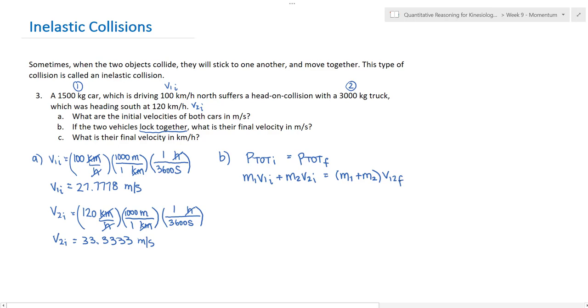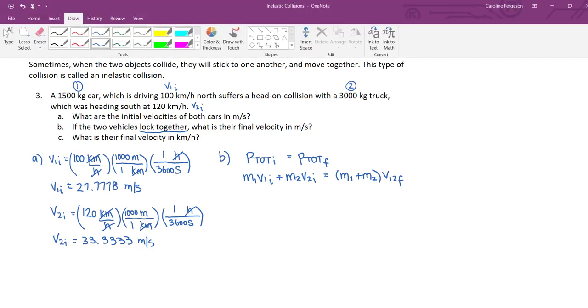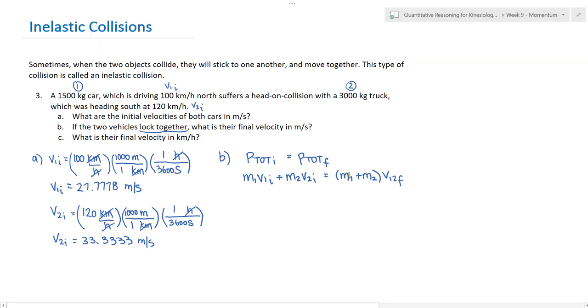Okay, so this question is very similar to what we've done previously, except for the fact that we know that the final momentum is only consisting of one object. So it's the mass of the total object because two objects are stuck together, making it really just one, times the velocity.